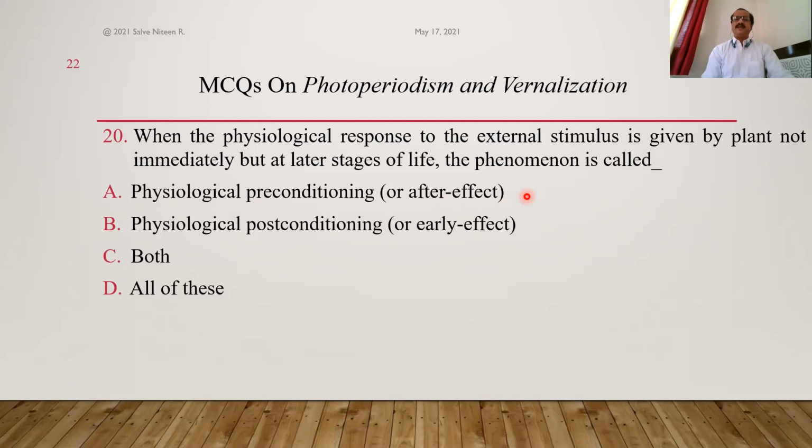But in this case, plants do not give an immediate response; the physiological response is given at later stages of the life cycle. Photoperiodism as well as vernalization are both examples of physiological preconditioning or after effect in plants. So A is the right answer.